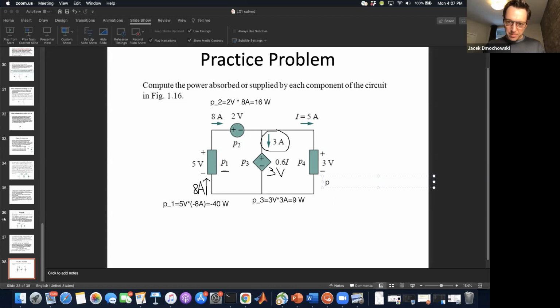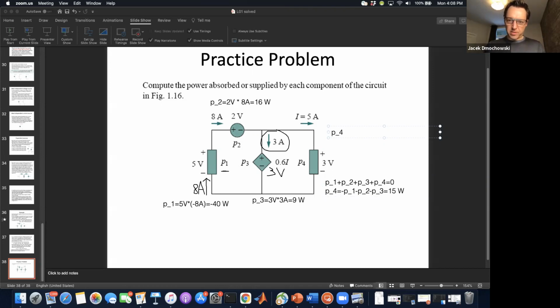So we have P1 plus P2 plus P3 plus P4 equals 0, and therefore P4 is equal to negative P1 minus P2 minus P3, which is 15 watts.